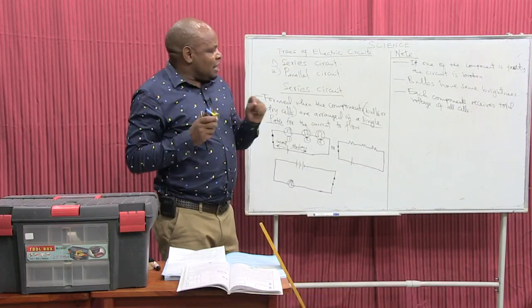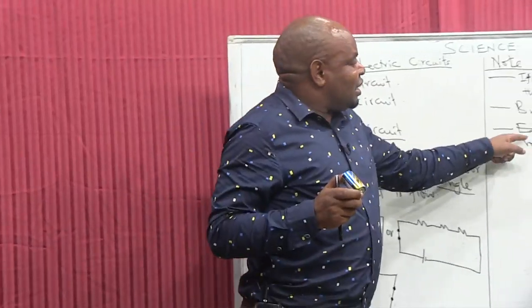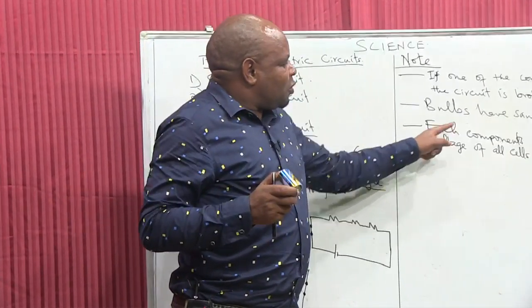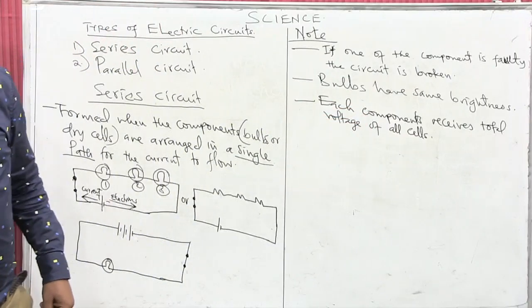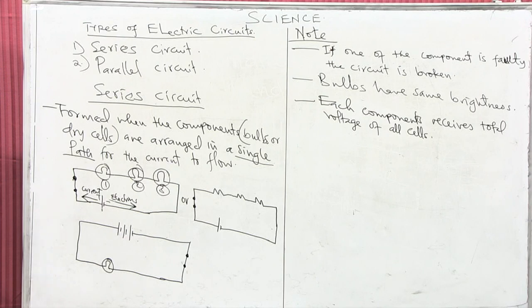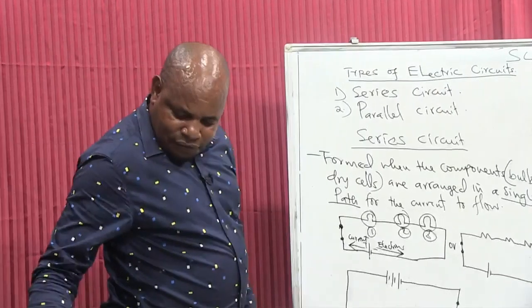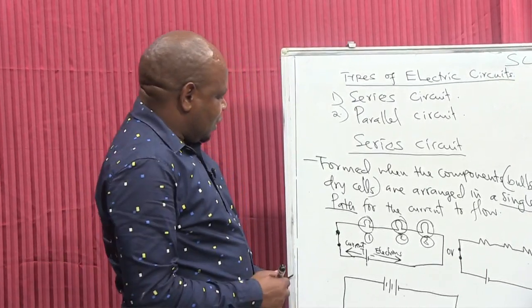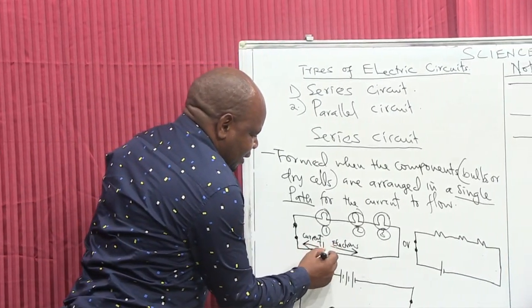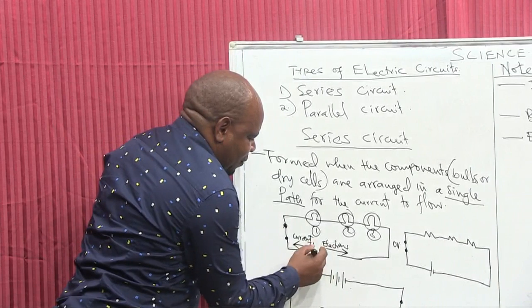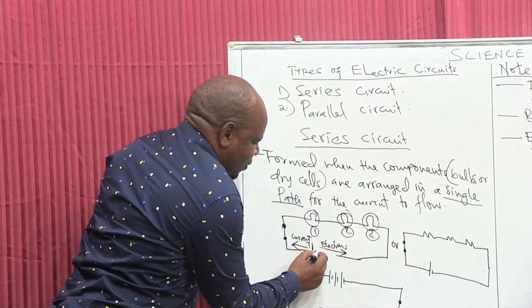So what do I mean in this statement? Each component receives the total voltage of all cells. The cells here in this figure number 1, there are four.